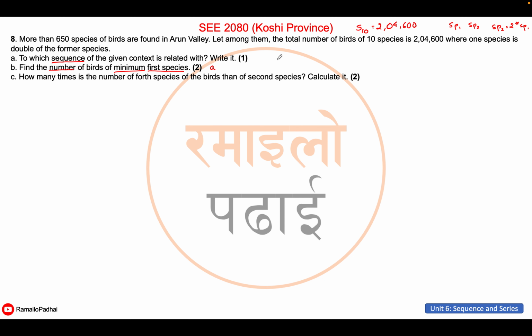So we will divide the number of fourth species by the number of second species, then we will find how many times that is. Okay, now without any delay, let's start the solution.